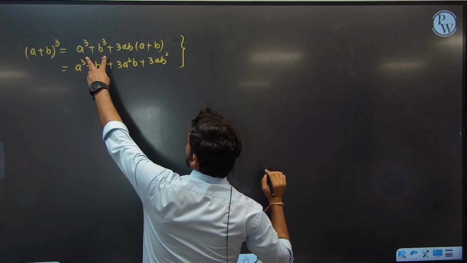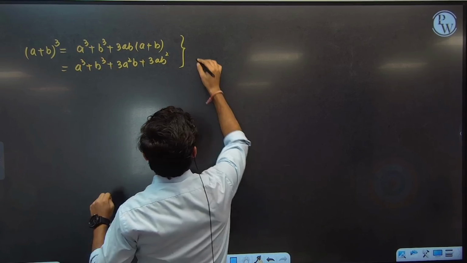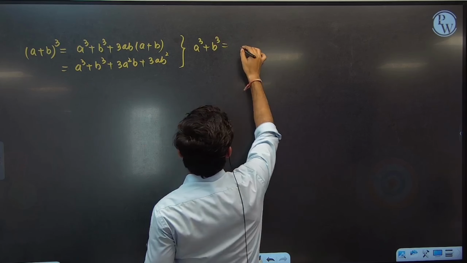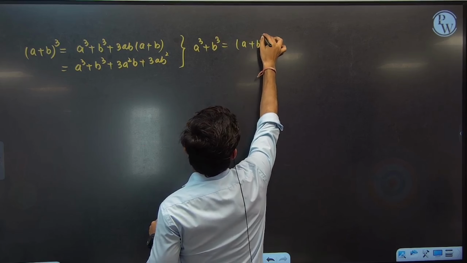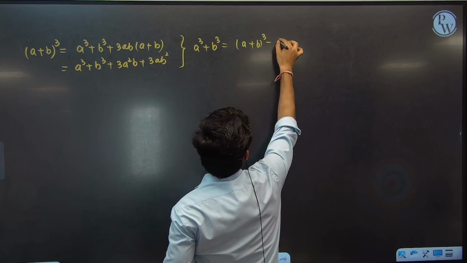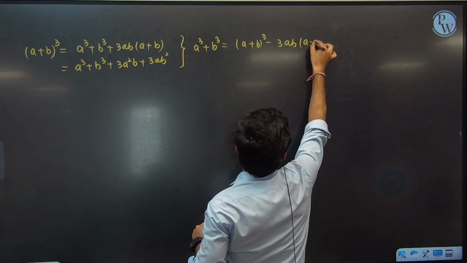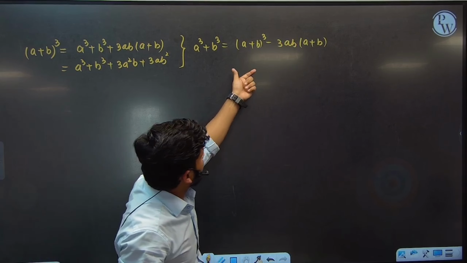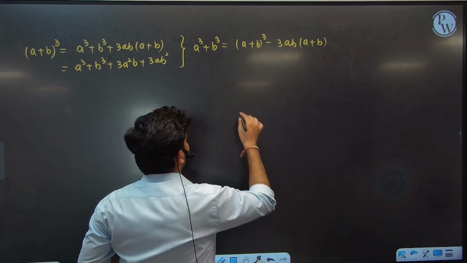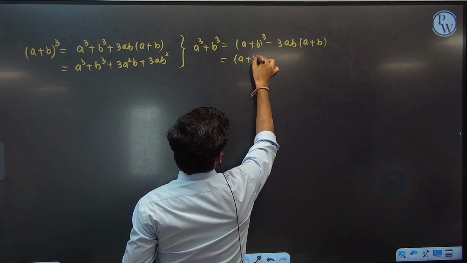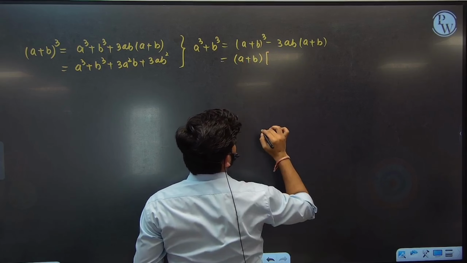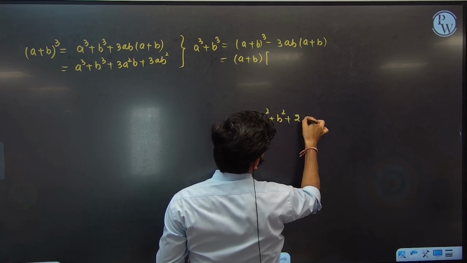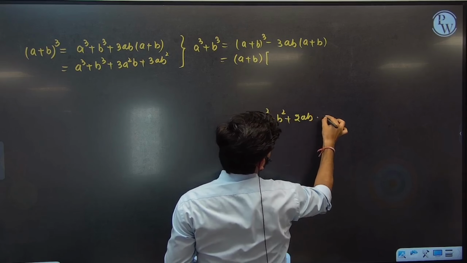we want the value of a cube plus b cube. A cube plus b cube is a plus b whole cube minus 3ab bracket a plus b. Done? Clear? Okay, take common a plus b. So take common a plus b, and here you get a plus b whole square, which means a square plus b square plus 2ab, and here only minus 3ab.